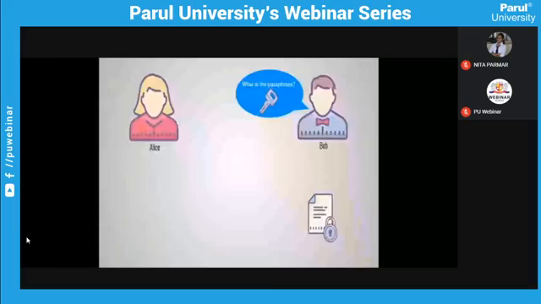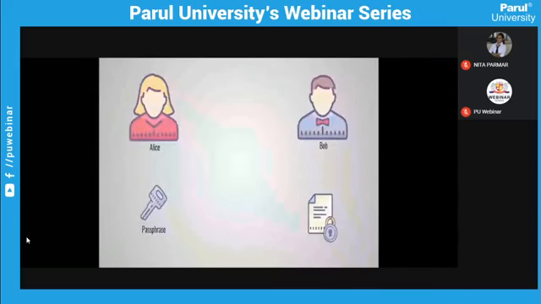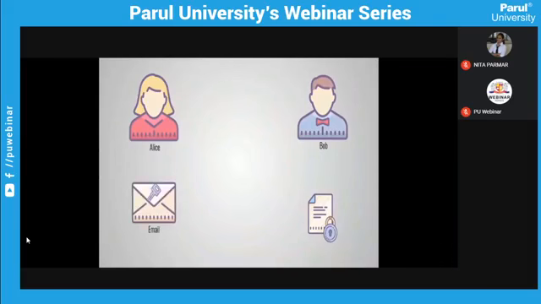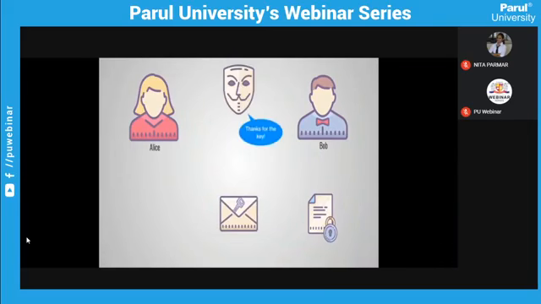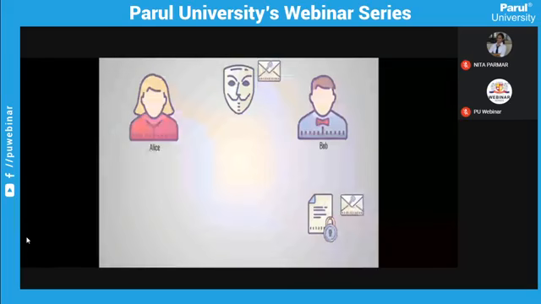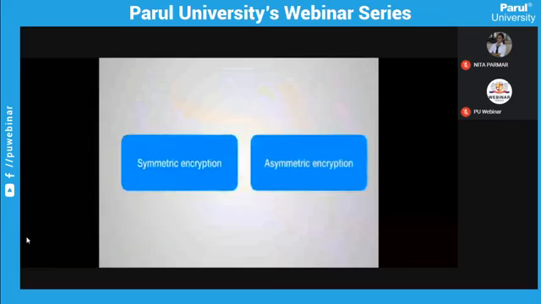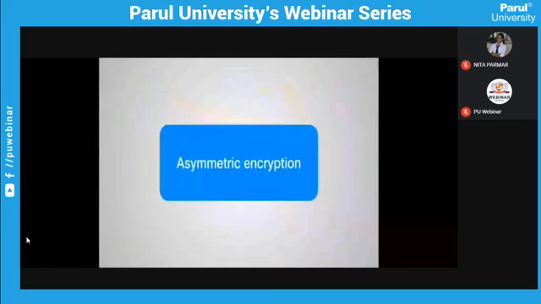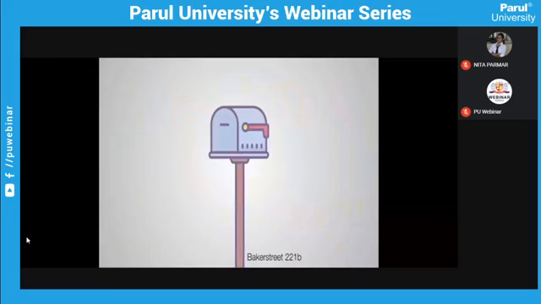So Bob needs to convert this ciphertext to plain text. Now, sharing of the key is the concern. If the key is shared through mail, then a hacker can understand the message. So asymmetric encryption was introduced to solve this problem.